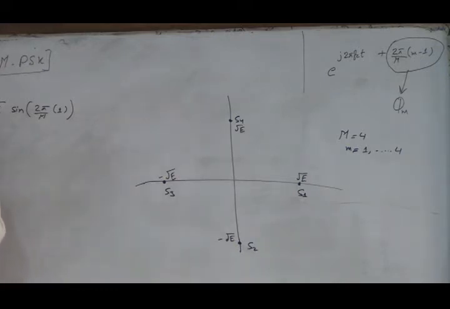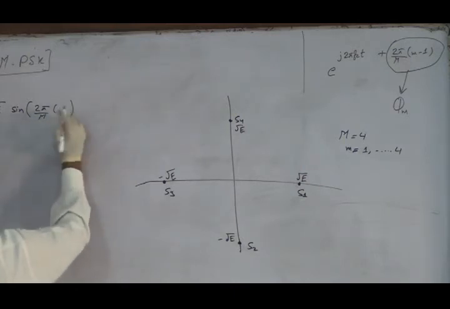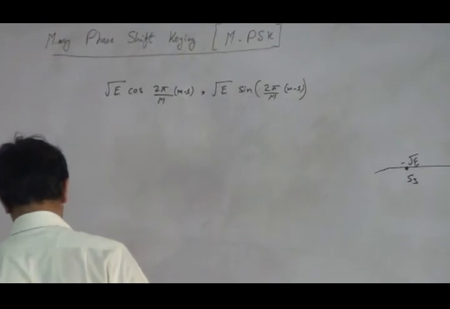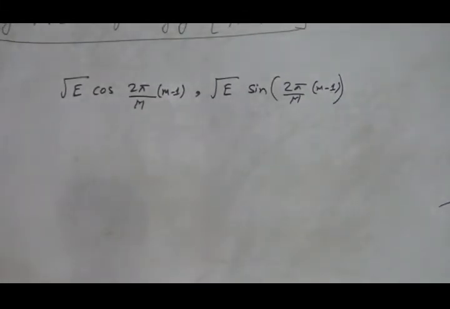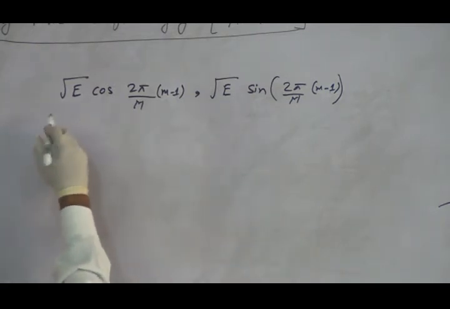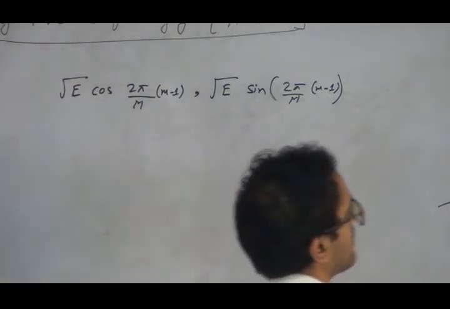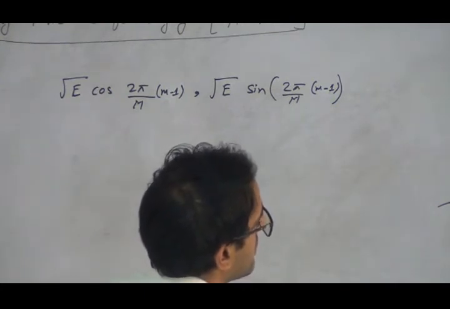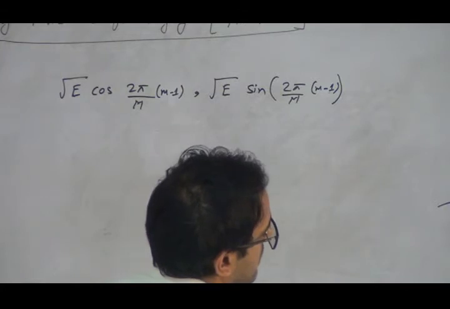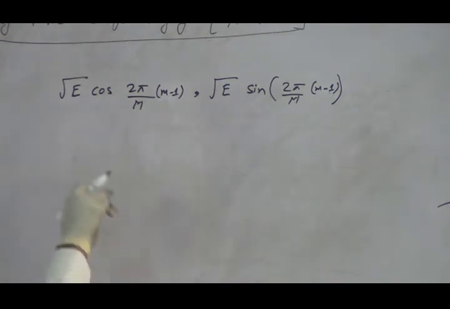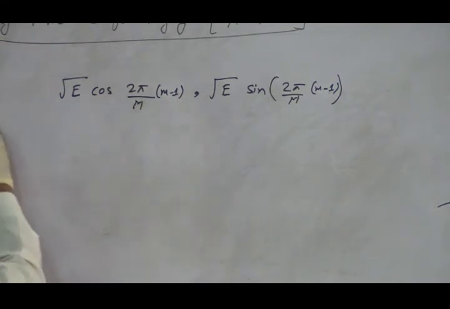This was basically m minus 1, right? Assume m is chosen as, the 2 points are m equivalent to 2 and m equivalent to 3, sorry.